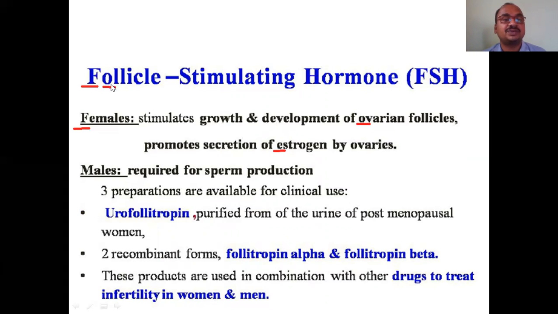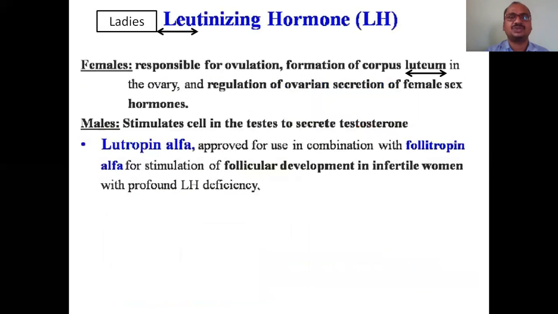See, O stands for ovary, F stands for females, like that you can remember for development. Also, E, F, G, H are side by side letters. It releases the estrogen, like that you can remember. In the males, it is required for sperm production; a small quantity is required for the production of spermatozoa.